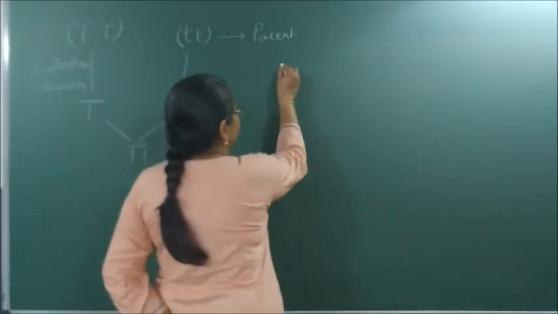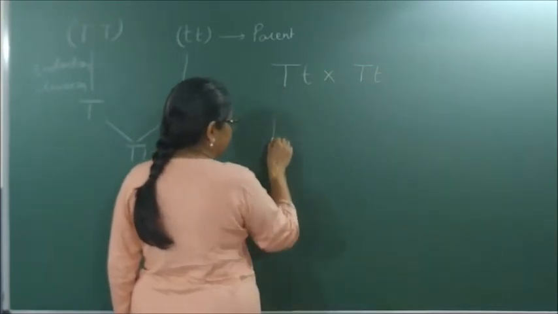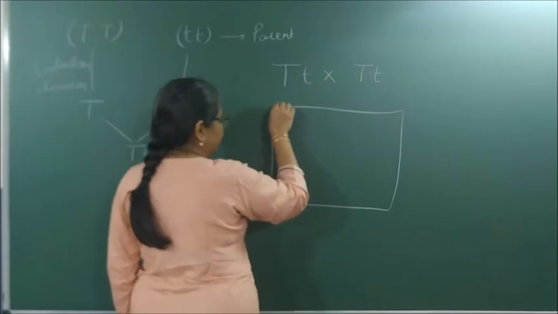So again, what will you do? Tt into Tt. Then gamete formation, and then the Punnett square.